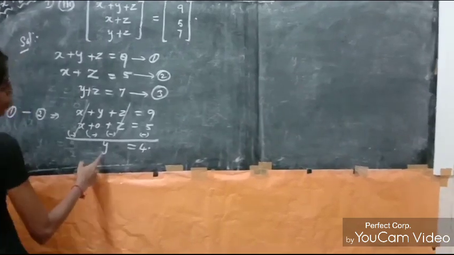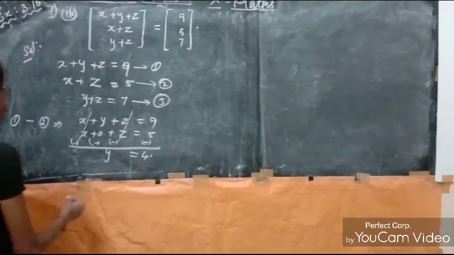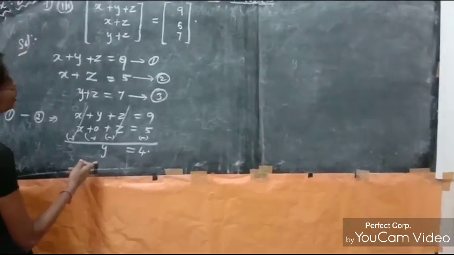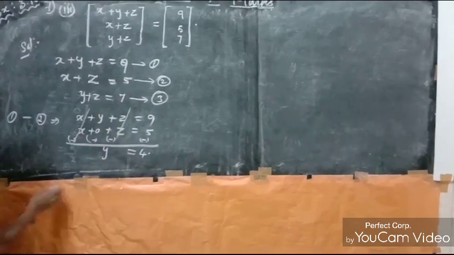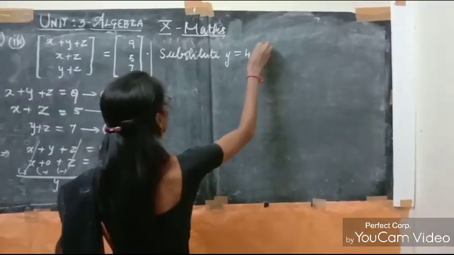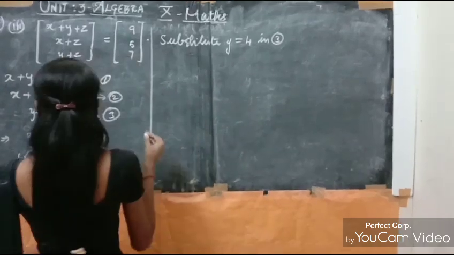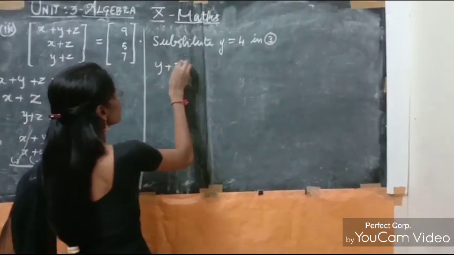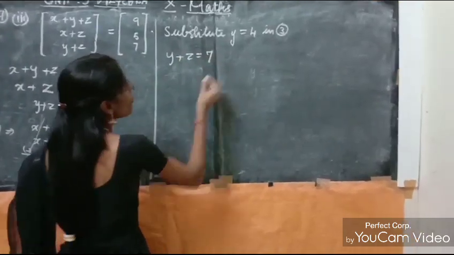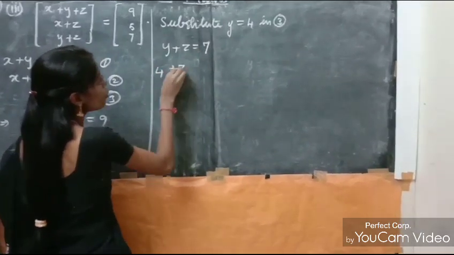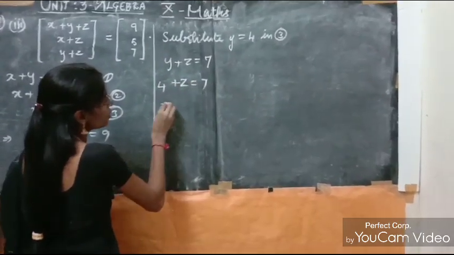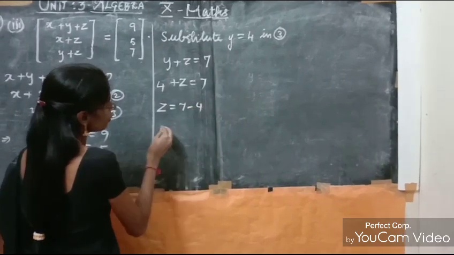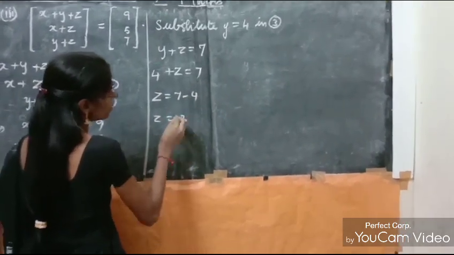What's the y value? 4. Substitute the y value in the third equation. Y plus z is equal to 7. What's the y value? 4. 4 plus z is equal to 7. Z is equal to 7 minus 4. Z is equal to 3.